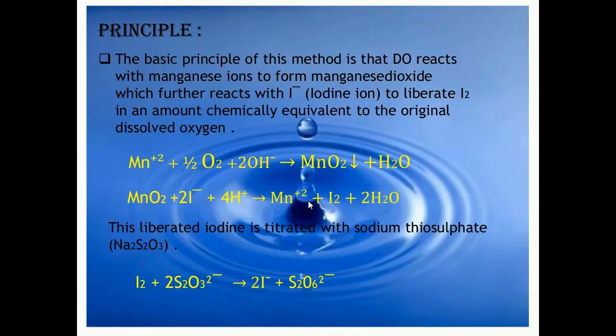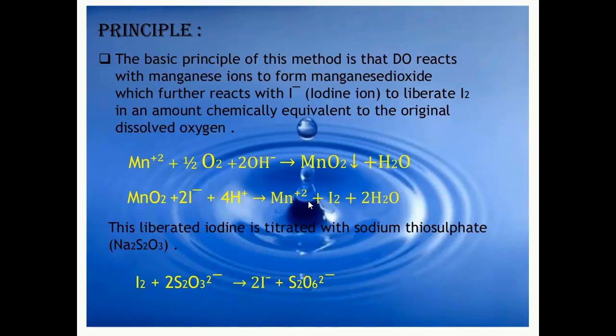This liberated iodine is titrated with sodium thiosulfate, and the amount of iodine liberated is calculated.